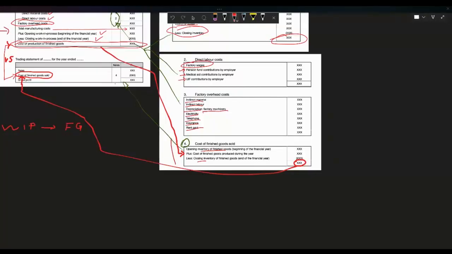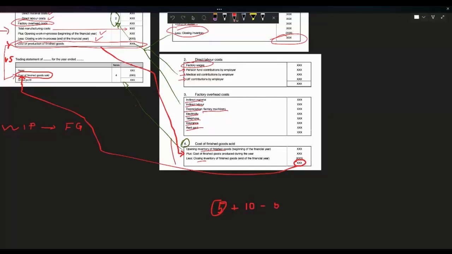So last year we had, as an example, 5 shirts that were left unsold, that came from last year. This year we have produced 10 shirts, and so we need to look at what will be left.